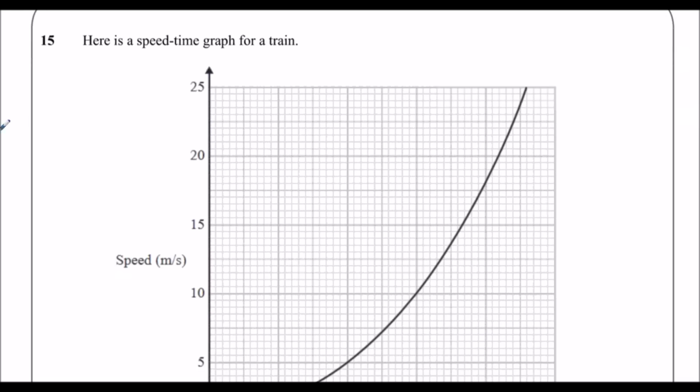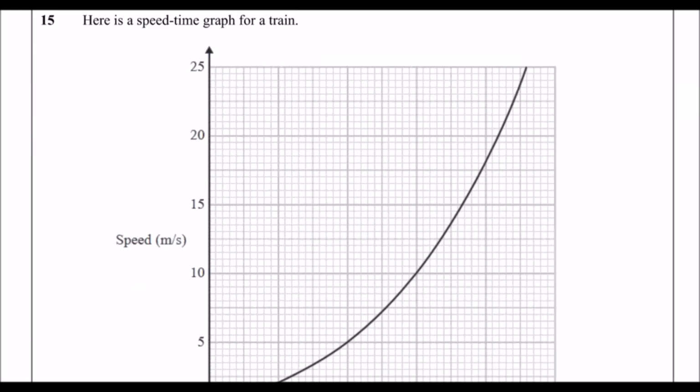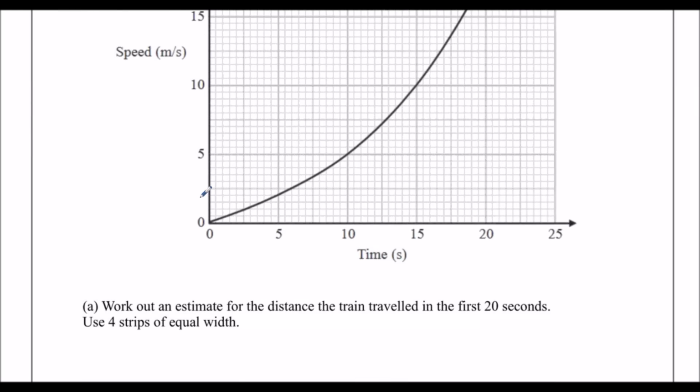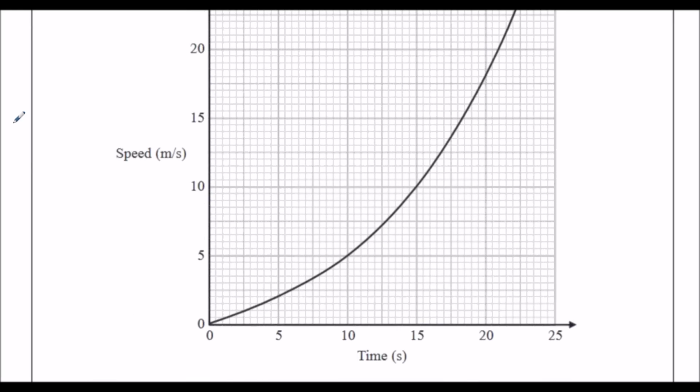Question 15. Here is a speed time graph for a train. Work out an estimate for the distance the train travelled in the first 20 seconds. Use 4 strips of equal width. So when we're finding the distance from a speed time graph, that's the area under the curve.